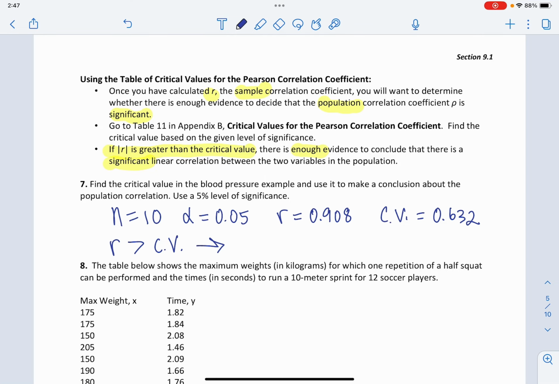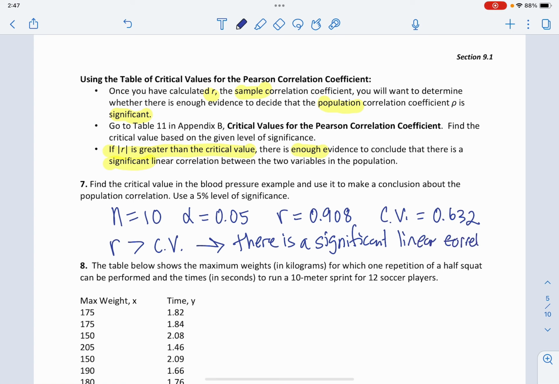So that implies that we have enough evidence, or let's just say there is a significant linear correlation between the two variables in the population. We know it's in the sample, but we're making an inference to the population.